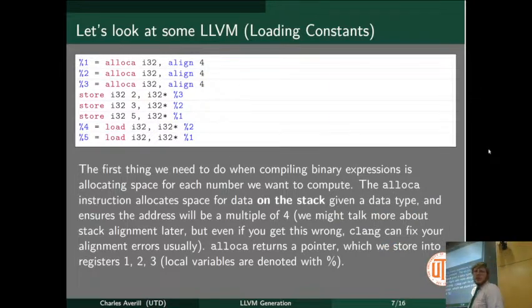So the first thing that we need to do when we are compiling binary expressions is we need to allocate space for all the numbers we want to compute. So this is where it gets a little tricky, because if you did pass a program into Clang that was just int main return, or printf %d/n 2 + 3 × 5, you can't turn off the optimization in the compiler that auto simplifies mathematical expressions for you.